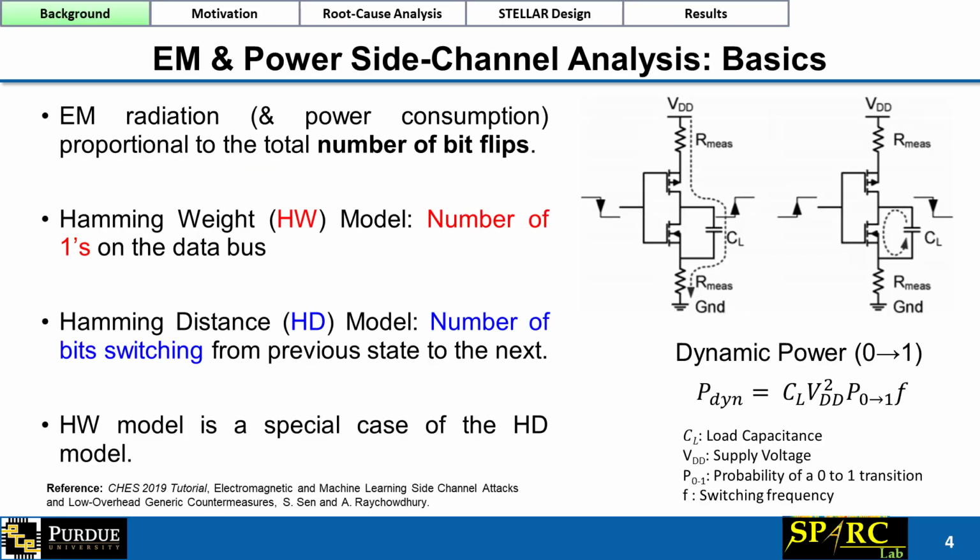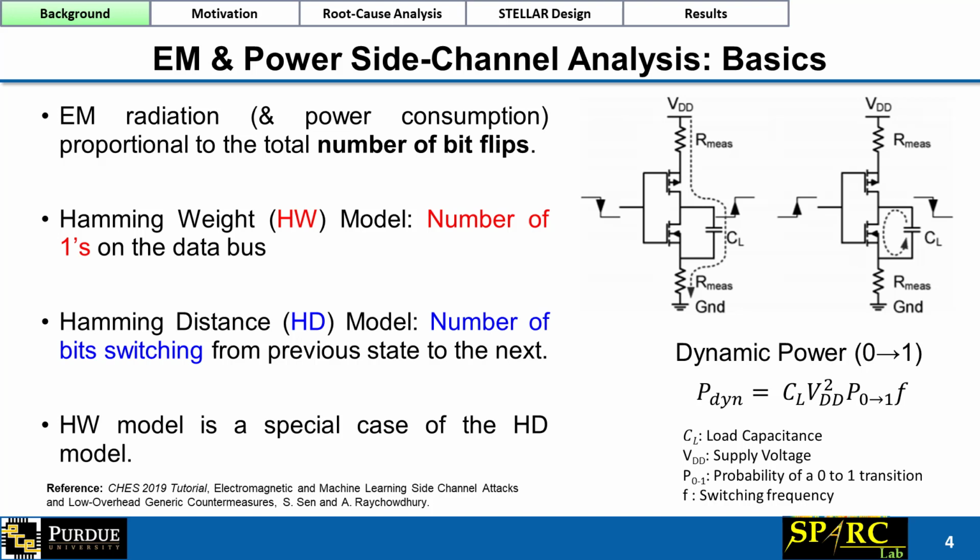Let us look into the basics of electromagnetic and power side channel analysis attacks. The power consumption and the electromagnetic radiations is proportional to the number of bit flips for each operation. For the attack, two types of models are commonly used: the Hamming weight and the Hamming distance model.